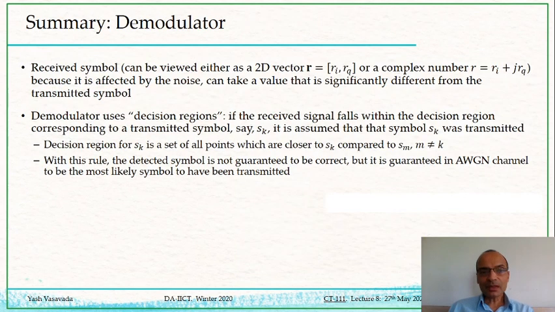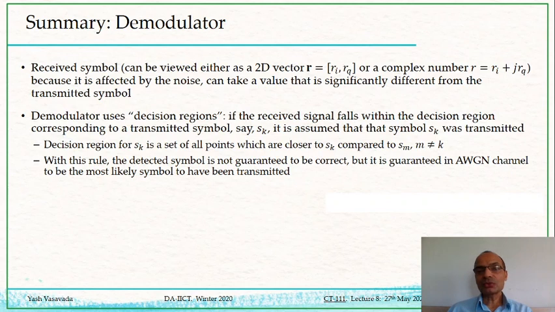So now to summarize, the received vector, the received symbol actually can be thought of as either a two-dimensional vector or a complex number, and that can take any value within the IQ plane. The task of the demodulator is to take any vector that can fall in the IQ plane and map it to the most likely transmitted symbol corresponding to that particular received vector.